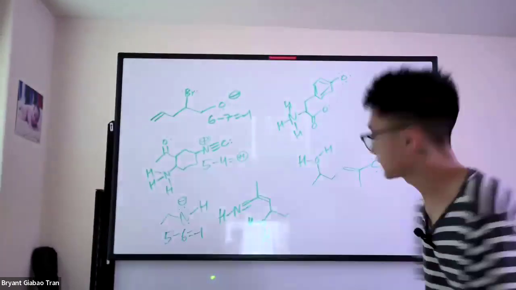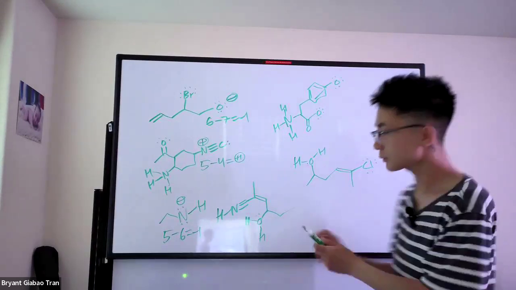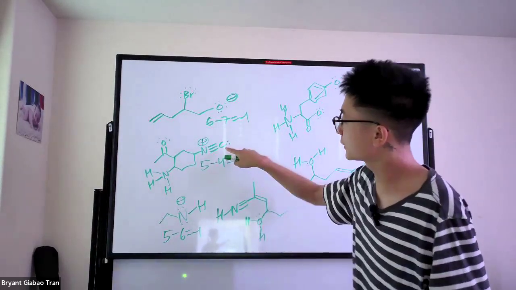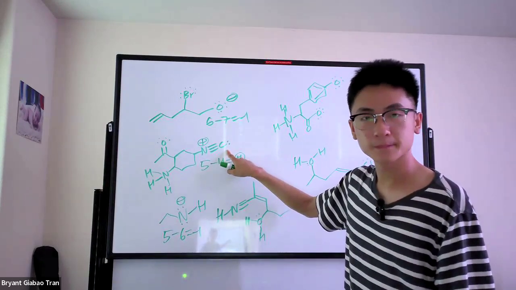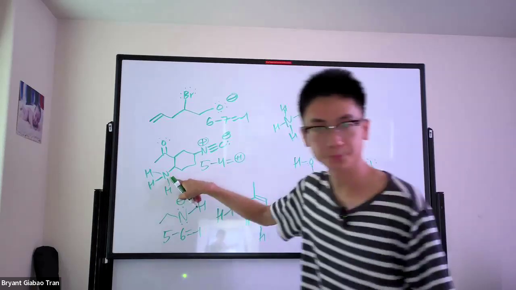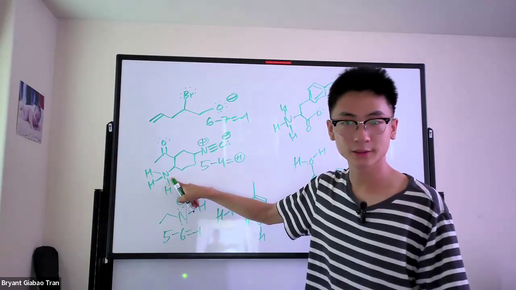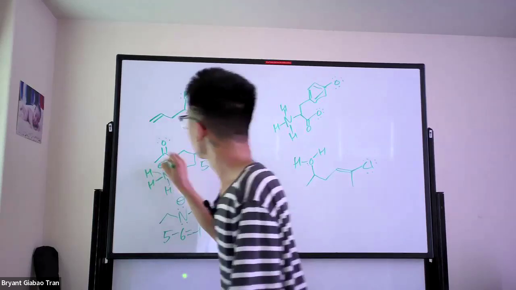Okay, I am back. What would the charge be on this carbon here? -1. Yep, -1. This nitrogen? 1, 2, 3, 4, plus 1. +1.